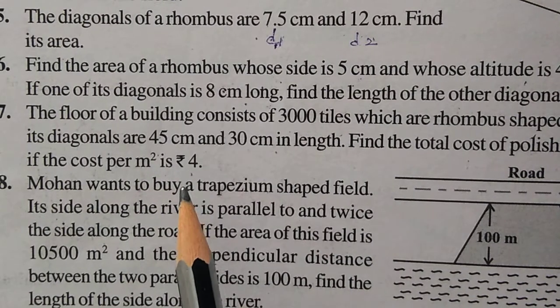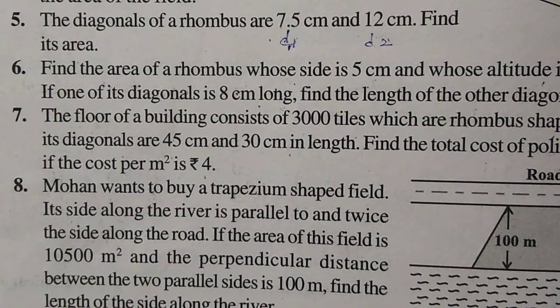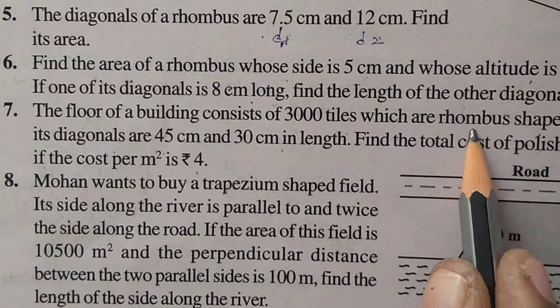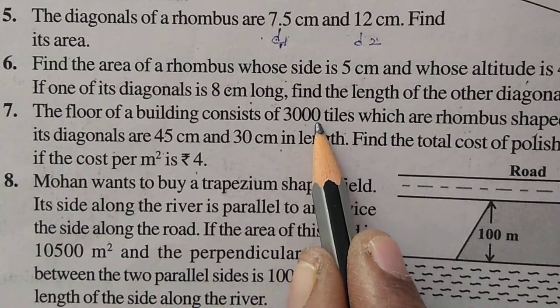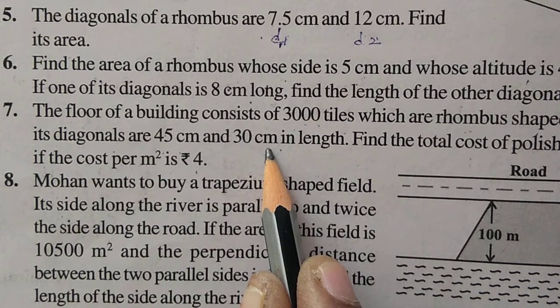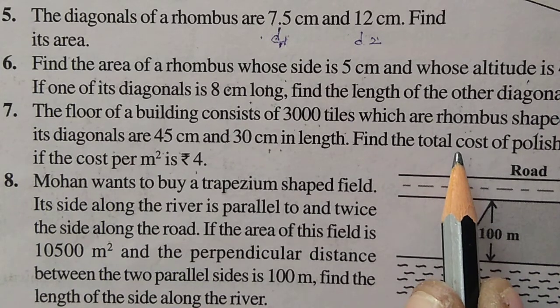So for us it is given the tiles are in the shape of rhombus. It requires 3000 tiles, and its diagonals are 45 and 30 centimeter. Find the total cost. We know that the shape is rhombus.